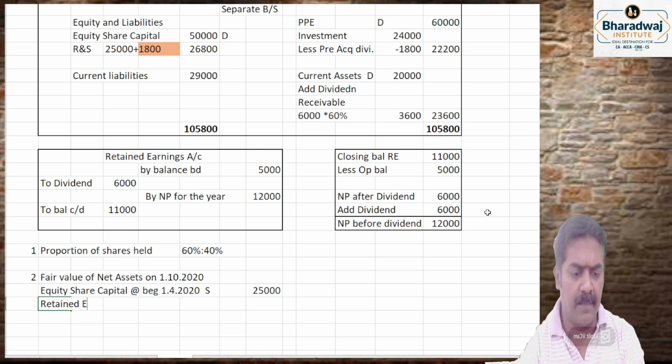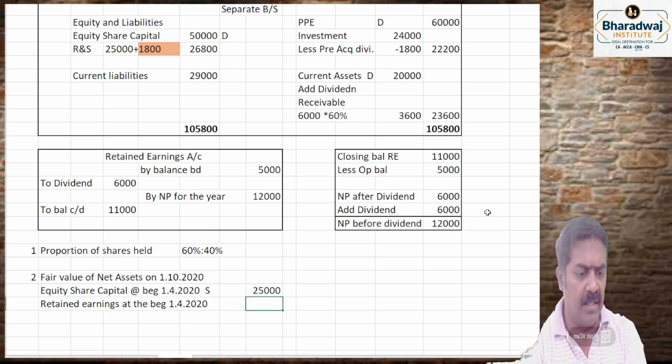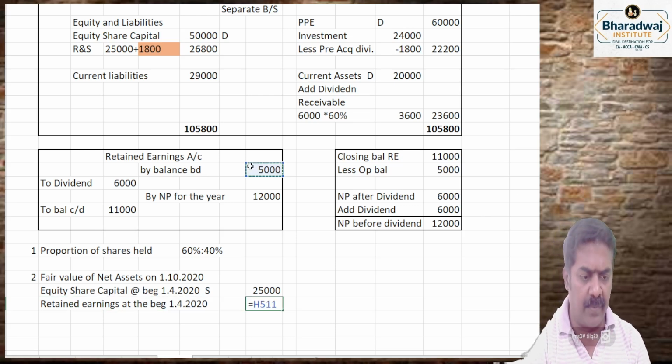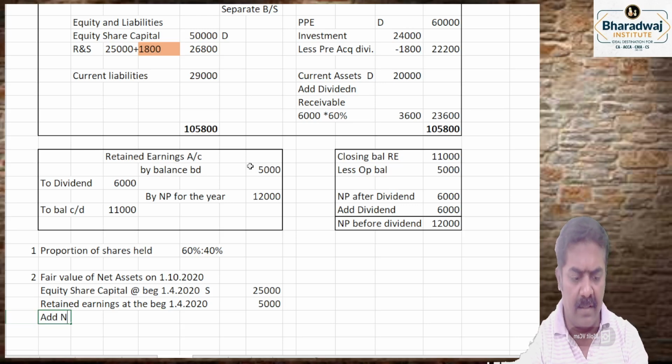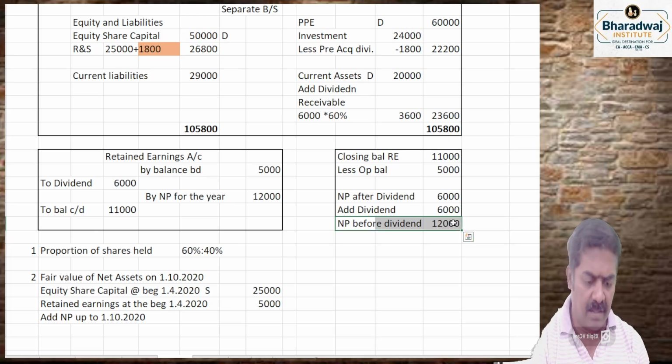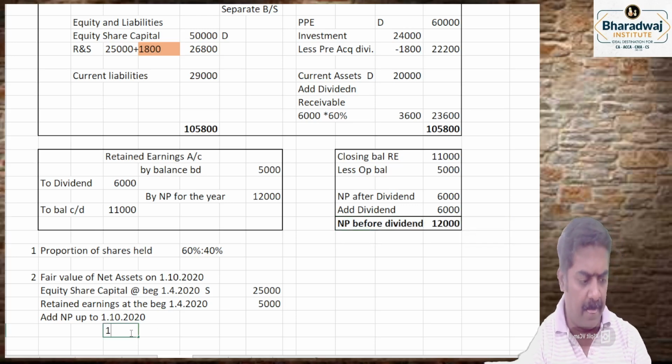Then retained earnings at the beginning of the year, that is 1/4/2020: 5,000. Add net profit up to 1st October 2020, net profit earned before dividend: 12,000 for the first 6 months. It will become pre-acquisition period profit.